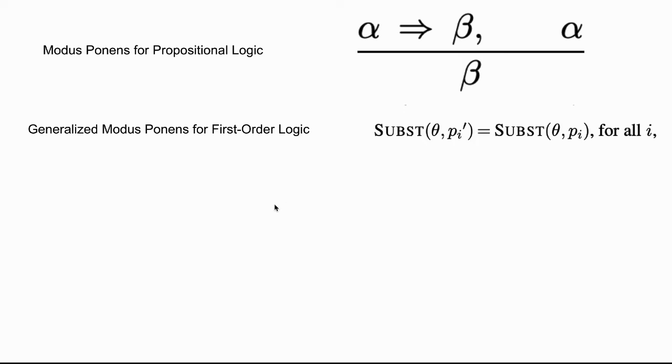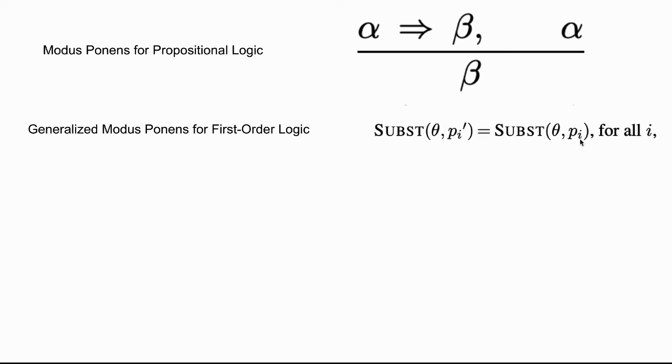Before looking at that particular statement, we need one condition: if I take a statement pi prime and make a substitution theta in it, and I take another statement pi and make the same substitution theta in it, then these two resulting expressions are the same for all i.